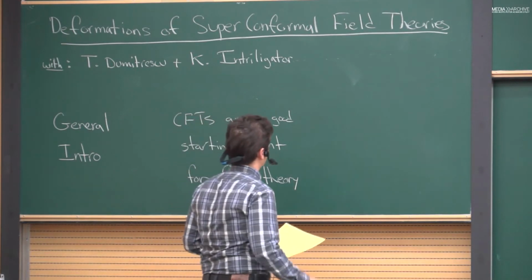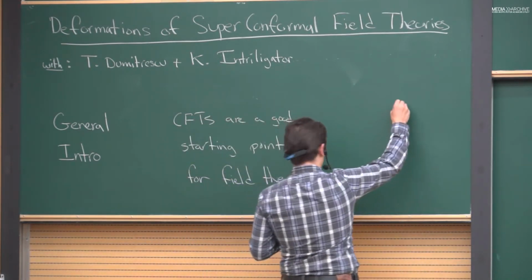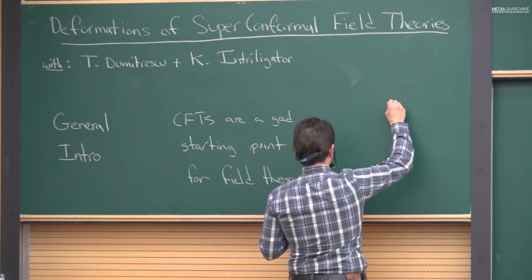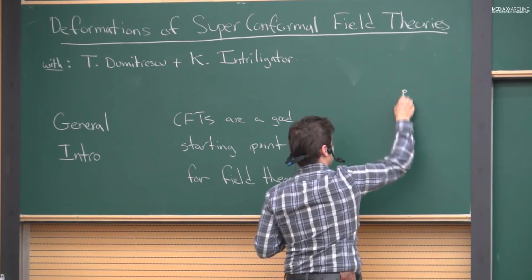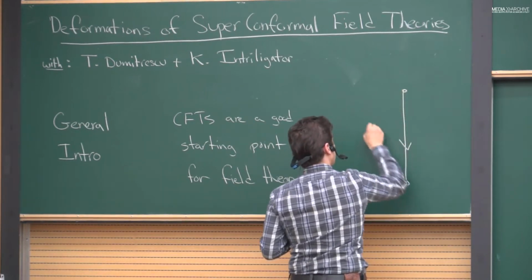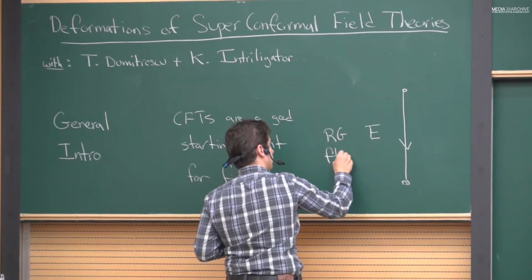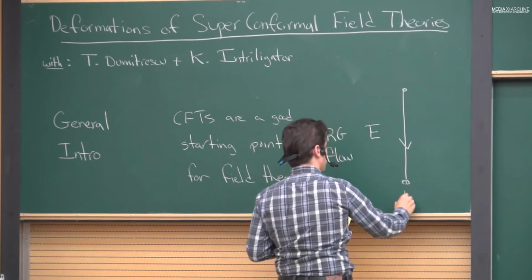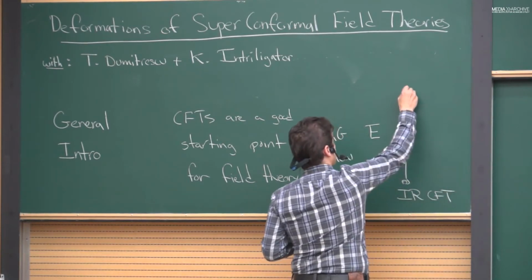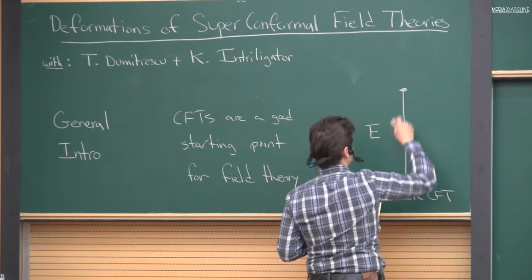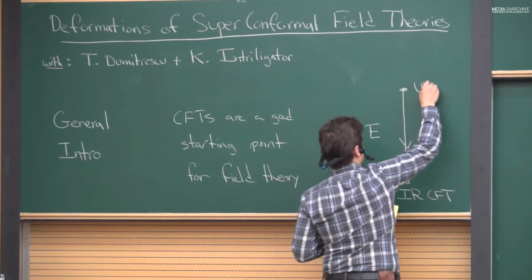It's because Wilson taught us a long time ago that if you have a UV complete quantum field theory, you could think of it as an RG flow. In the infrared, you have some IR CFT. And in the ultraviolet, if your theory is UV complete, in the context of quantum field theory specifically, you'll have some UV CFT.